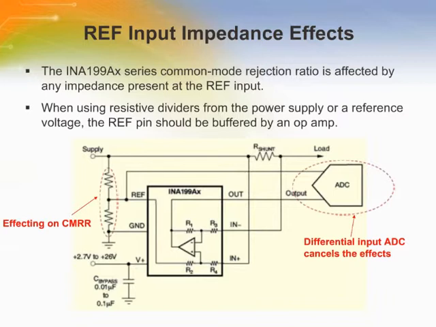In systems where the INA199A output can be sensed differentially, such as by a differential input analog to digital converter, or by using two separate ADC inputs, the effects of external impedance on the REF pin can be cancelled.